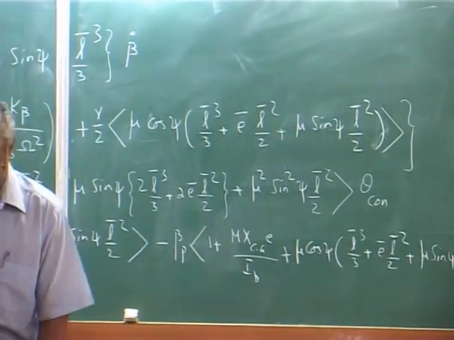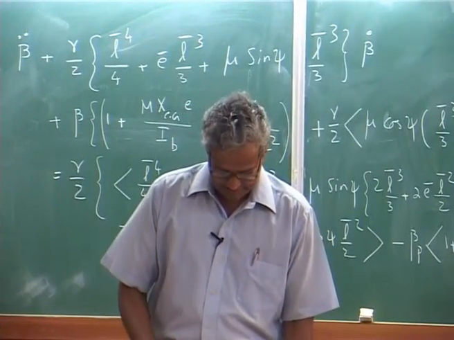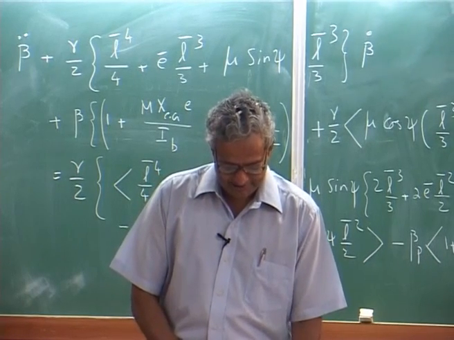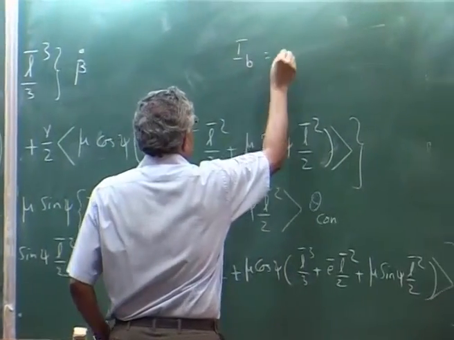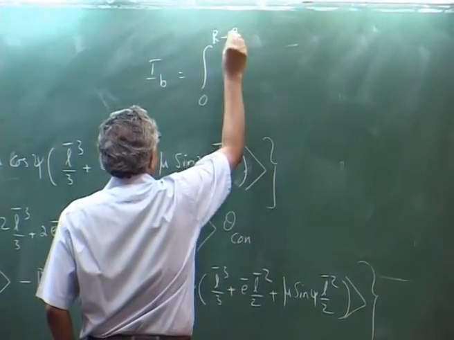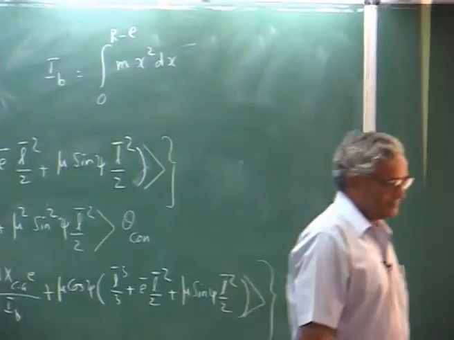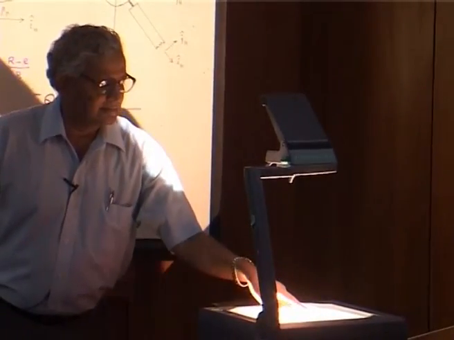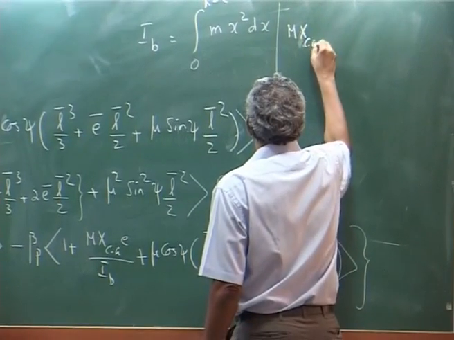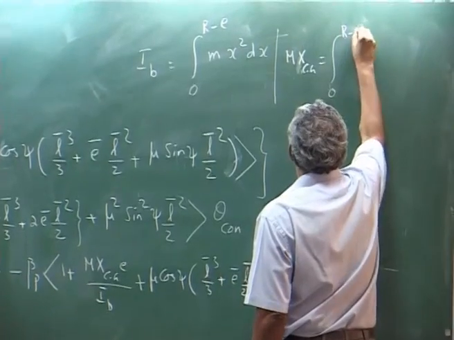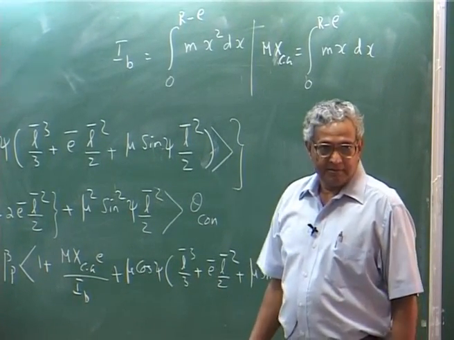Now, I will tell you the definition of I b, because you have to know what m x c g and I b are. I b is the integral from 0 to R minus E of m x squared dx; x starts from the hinge offset from here, basically moment of inertia. m is mass per unit length.